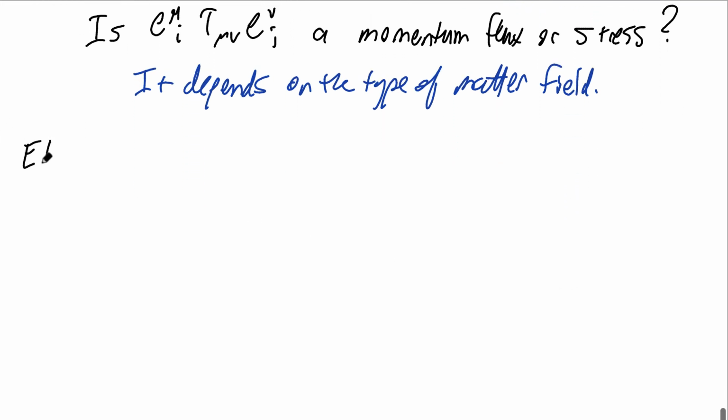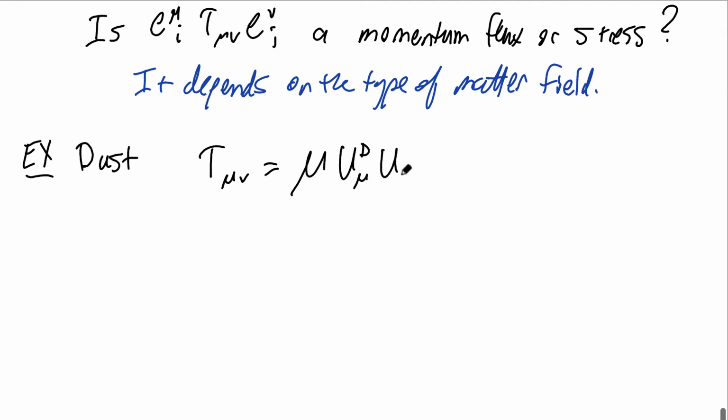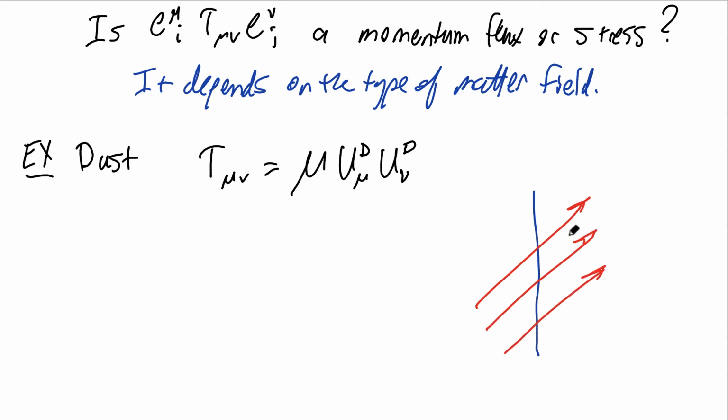First example, let's consider dust. If you'll recall, the stress energy momentum tensor for dust is just the mass density times the forward velocity of the dust sub mu times the forward velocity of the dust sub nu. So here's a surface, and the dust particles are flowing across the surface.